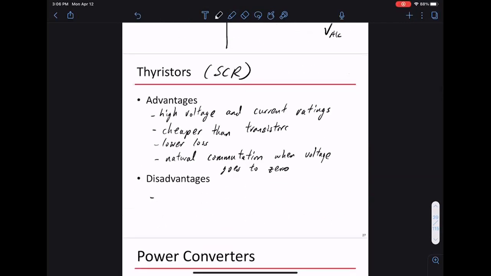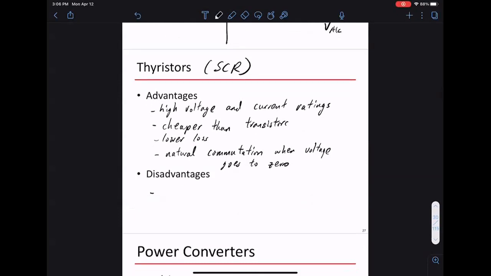The disadvantage with this thing is, often in your circuit, you need to be careful the current actually goes back to 0. We need to be careful that the voltage actually falls below 0, so it turns off.